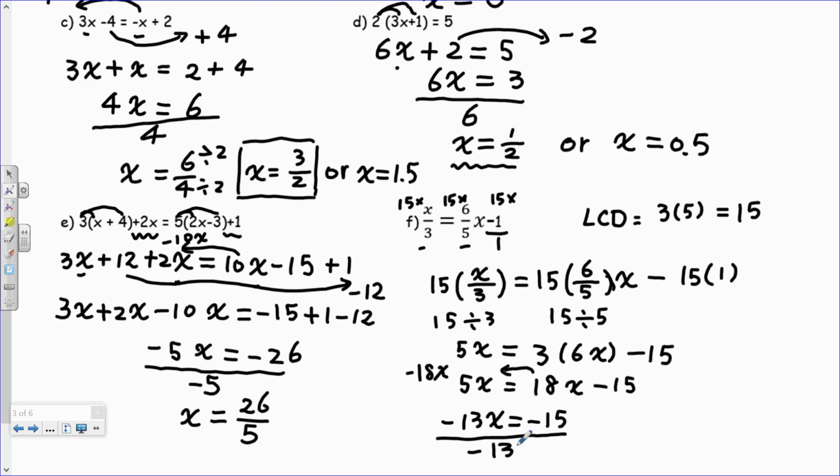I write it once. Then negative 13 divided by negative 13 gives you 1x. And negative 15 divided by negative 13, we keep it as a fraction. Negative divided by negative becomes positive. So that is the answer for this question.